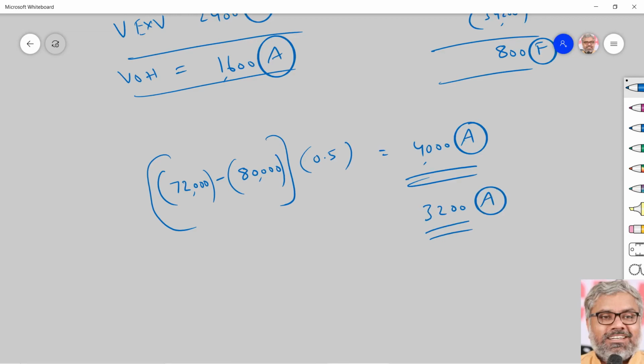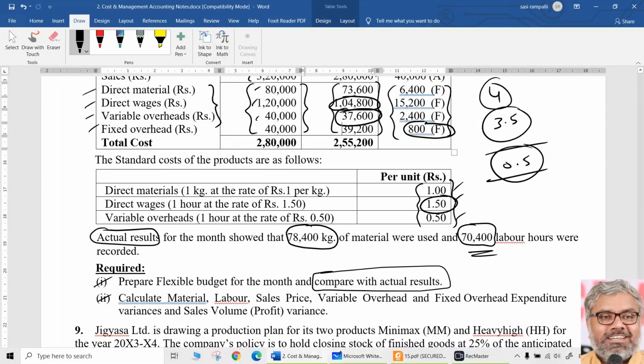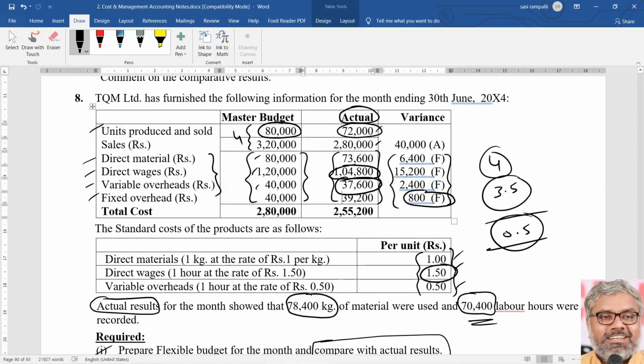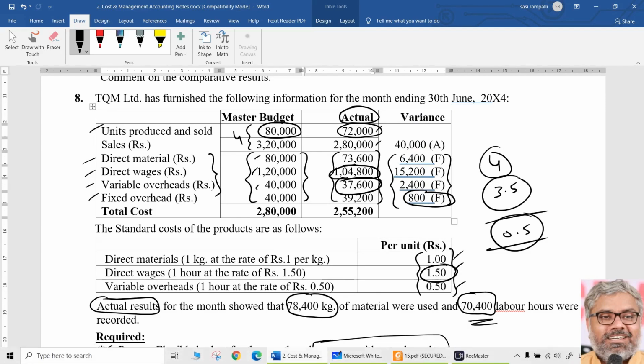How much was the price that was supposed to be sold for? That was 4 rupees. But how much was the price that was actually sold? That you can find out, taking 2,80,000 divided by 72,000. That means 3.88 only. Minus the cost here, original cost should have been 3.5.